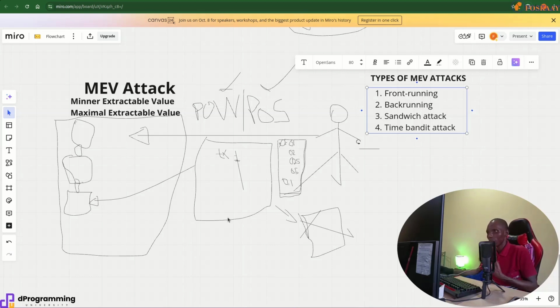So like maybe the miner or the bot and things like that, reorganize past blocks, time bandit attack, to exploit using this MEV. And then there's another one called the Uncle Bandit attack.